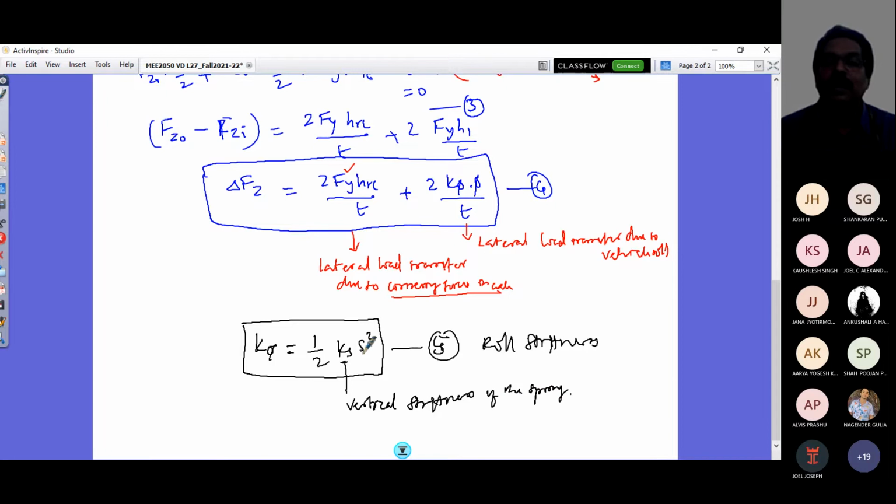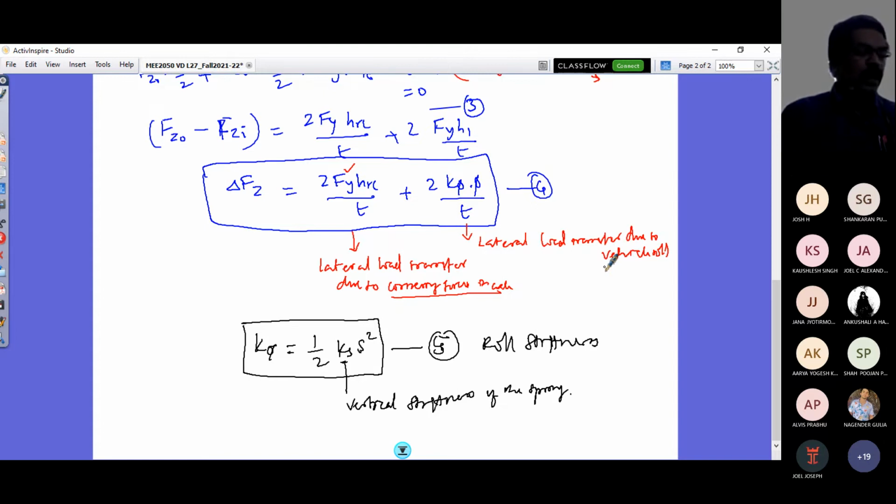And what is the S here is the separation distance of your right and left side equivalent spring rates or the equivalent springs of the suspension. So this is K_phi. So K_phi into phi here, your change in normal load is because of lateral load transfer, that's because of vehicle roll, right? Okay.